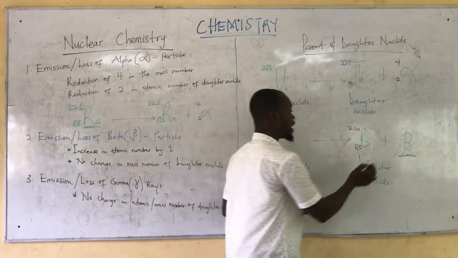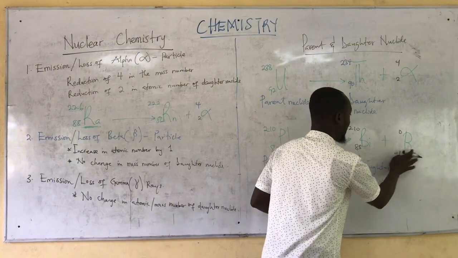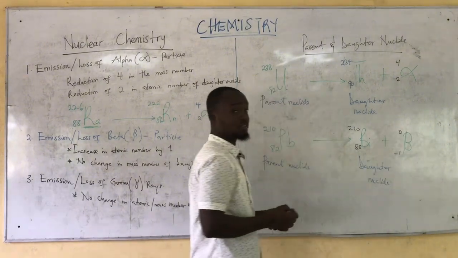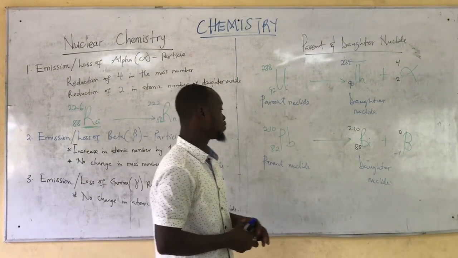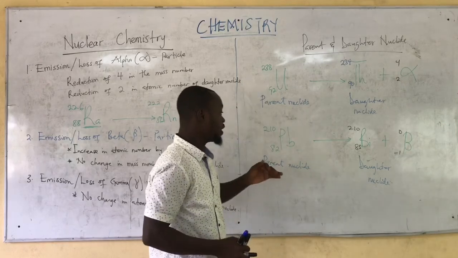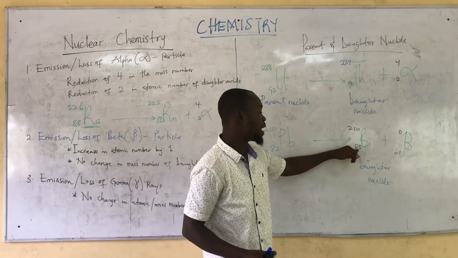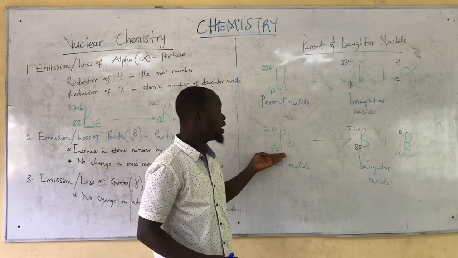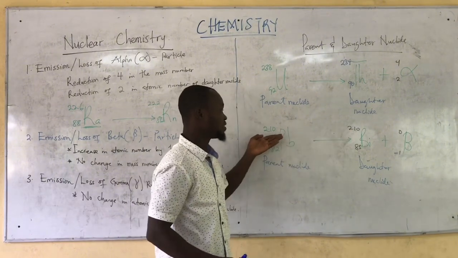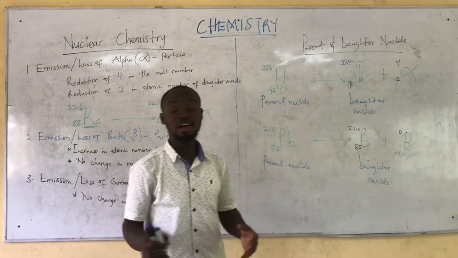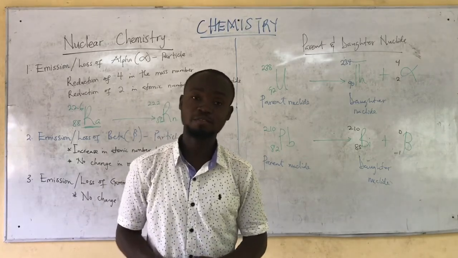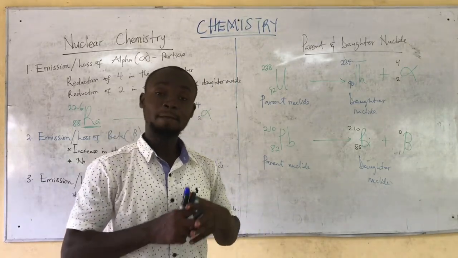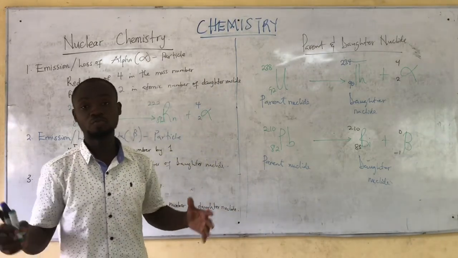It indicates the emission of a beta radiation or a beta particle. So for beta emission, the daughter nuclide increases by 1 in its atomic number compared to the parent, but the mass remains the same. That is beta emission, or beta decay, or loss of a beta particle.